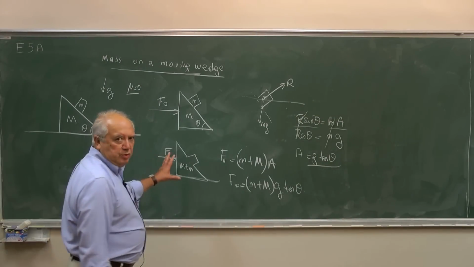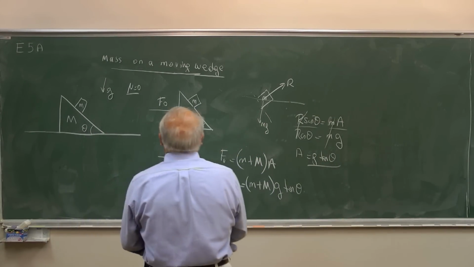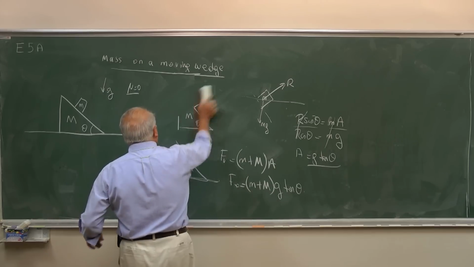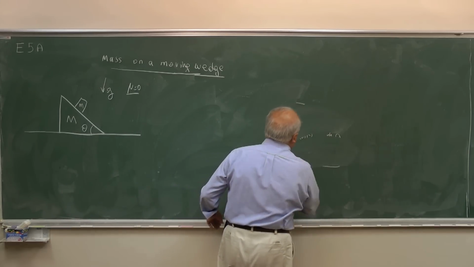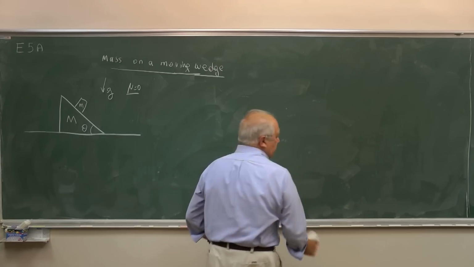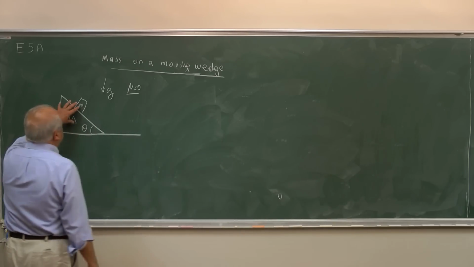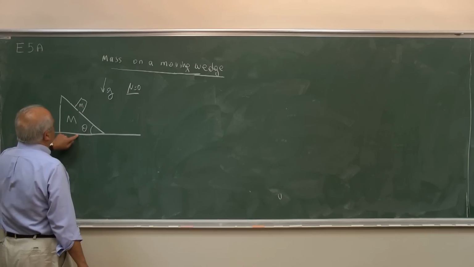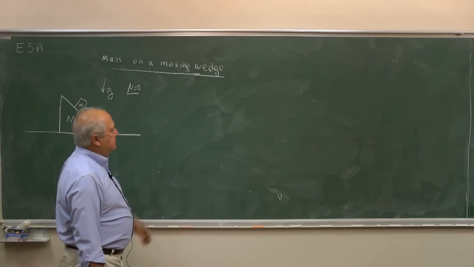Now we come to the general problem that we have two masses. Okay, I am erasing this. All right. Now we study this problem. There is no friction here, no friction here. And what is the general motion?